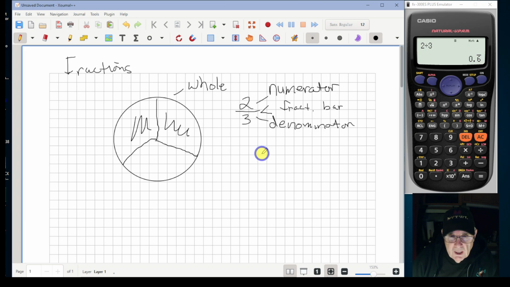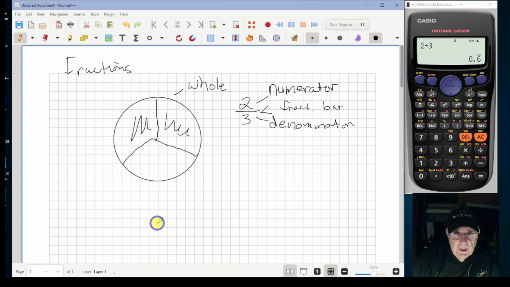Remember, rational and irrational have the word ratio in them? So it's a ratio, 2 to 3. And when we talk about decibels and power and voltage ratios, notice that word ratio pops up all over the place. So that's what it is. The bottom number tells us how many slices the whole of something has been sliced up into, and the top number tells us how many of those we have.